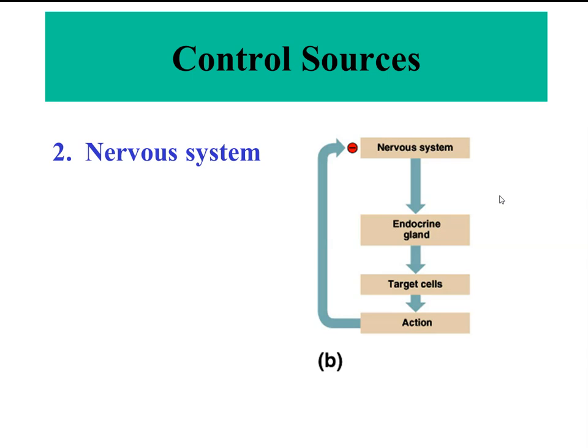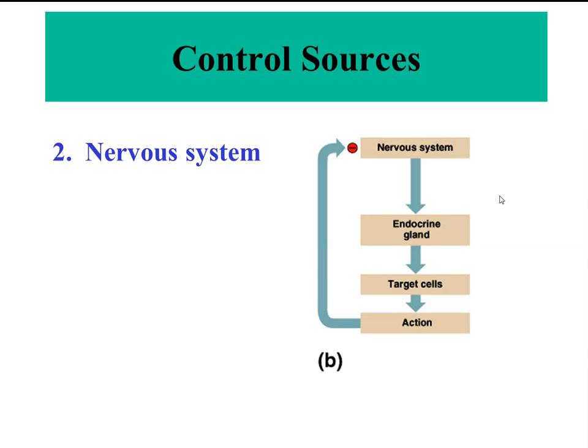the amount of hormones. It can be things like ions, like the amount of sodium in the blood or the amount of calcium in the blood, the amount of fluids, whether fluids need to be retained or fluids need to be excreted. All these receptors throughout the body, whether they're in blood vessels or in the brain, this information is sent to the brain, to the nervous system, and that also can regulate whether or not certain hormones are released to the target cells for the action.